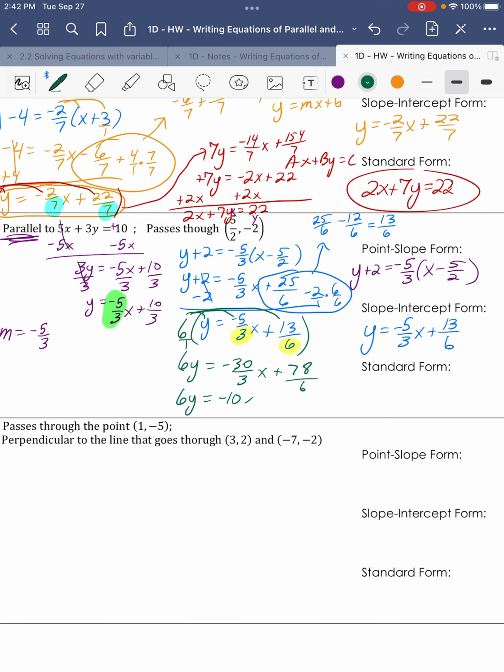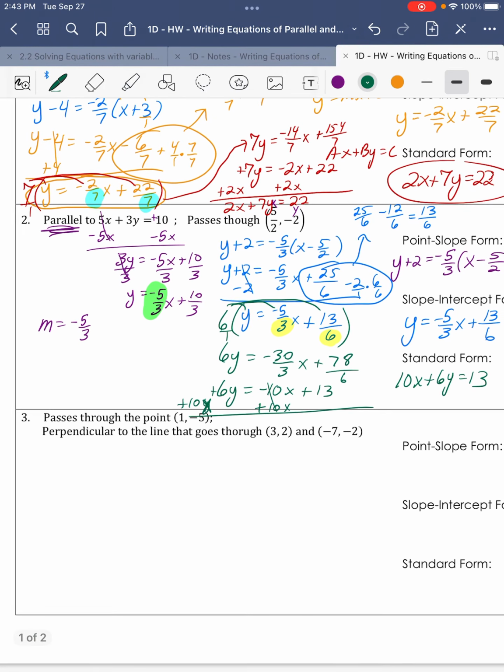Well, they will. Simplifying them, you will get 13, and there you go. Now we just need the x and y terms on the same side of the equal sign. So standard form is 10x plus 6y equals 13.